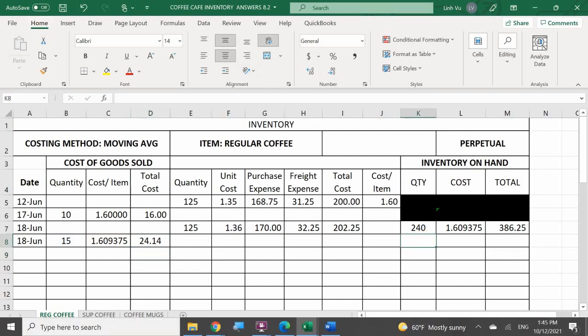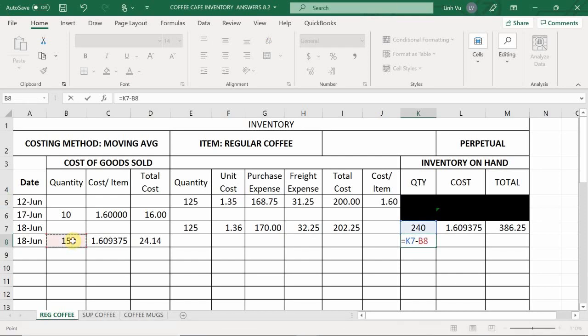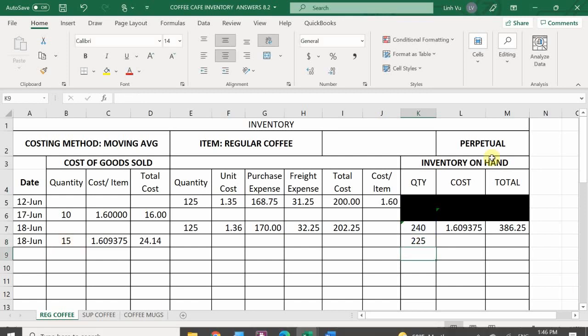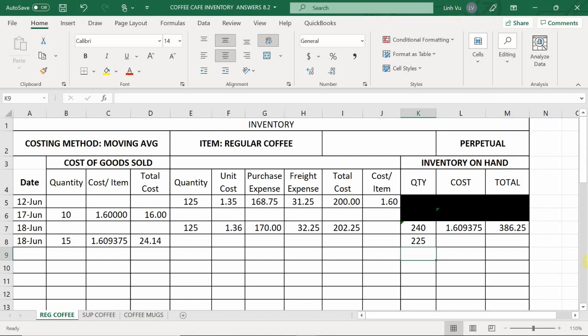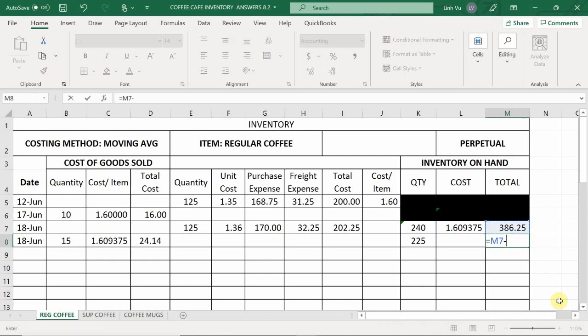Okay, so in this case, I'm already here, so let's update my inventory. So if I used 15 pounds, how many pounds should I have remaining? You have 225. Good. And then if I started with $386.25 and I sold 24.14, how much should I have left? 386.25 minus 24.14.